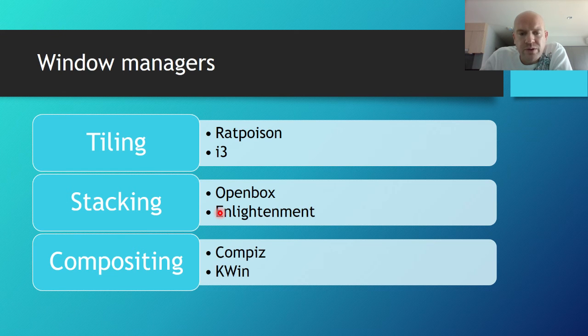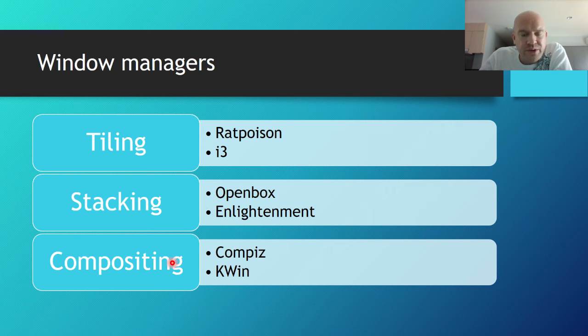And they focus on getting as much eye candy as possible, which is a bit weird because this is a stacking window manager. It seems like if you want as much eye candy as possible, you should go for the compositing window manager, but maybe I'm not sure what they want actually. But they're supposed to be about eye candy and being a beautiful window system, whereas this is supposed to be a very flexible and configurable window system.